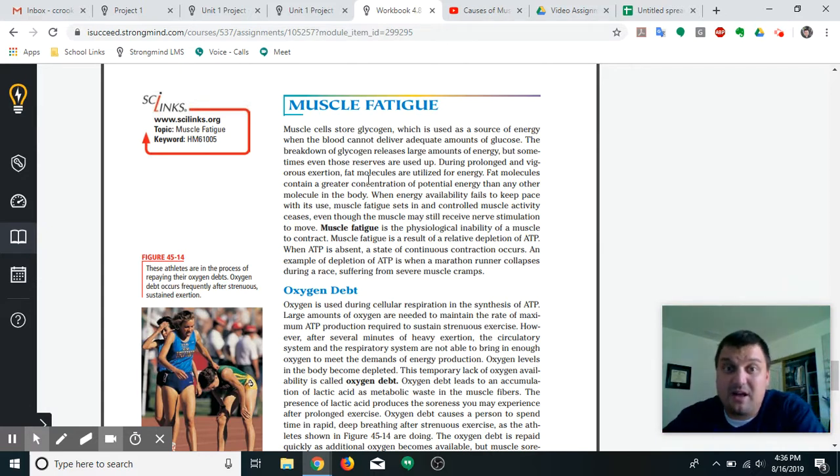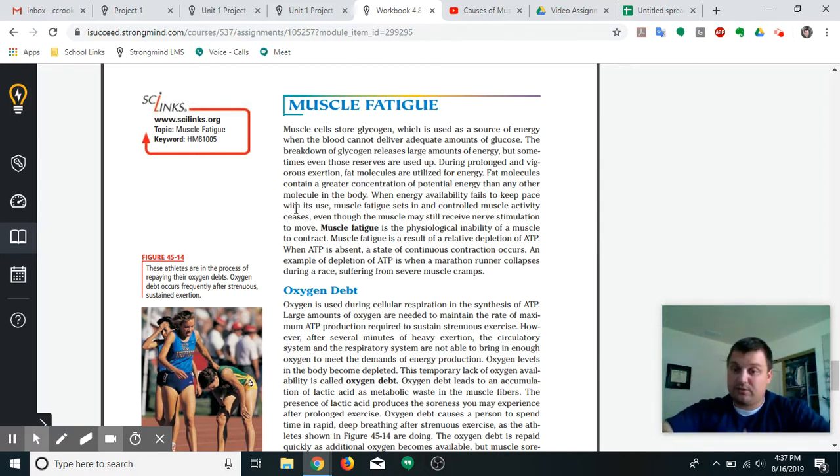Muscle cells have a large amount of mitochondria, more than any other cells in our body. We can obviously say, well, yeah, it needs that energy. So muscle will have more mitochondria to carry out cellular respiration and make more ATP. We know with cellular respiration, oxygen is needed. If we looked at that equation, we know that sugar, so glucose, and oxygen are needed.